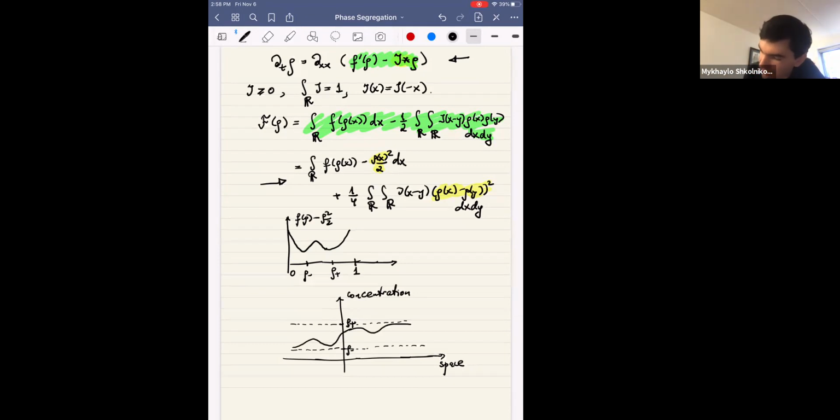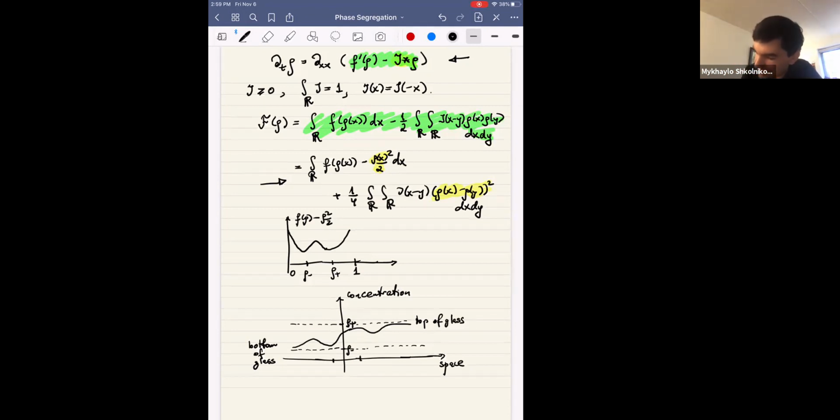So, think of the negative infinity boundary as the bottom of the glass in the video. Think of the plus infinity boundary as the top of the glass. As you approach the bottom of the glass, you're getting closer and closer to the equilibrium concentration in the water phase. You go to the top, you approach the equilibrium concentration of the oil phase. And you have three regions in this picture, right?